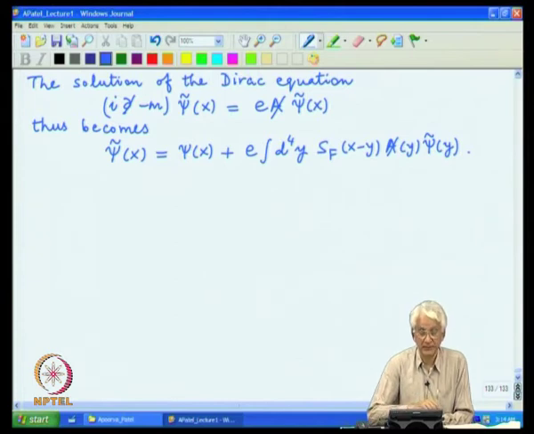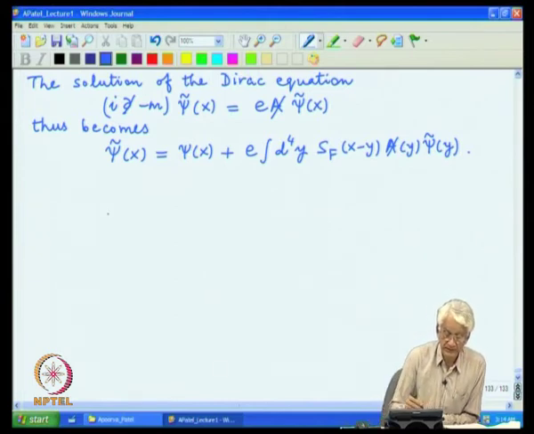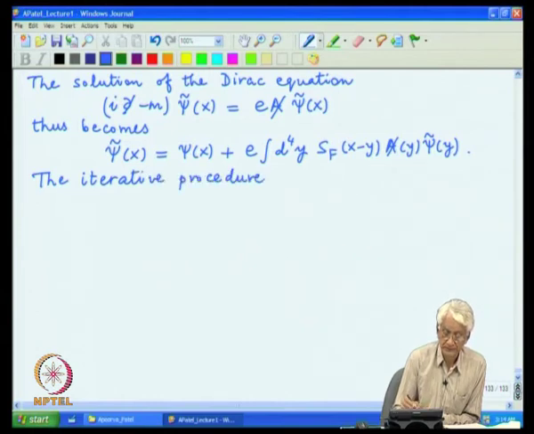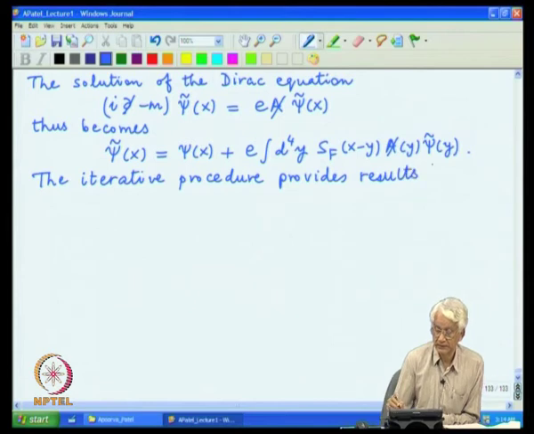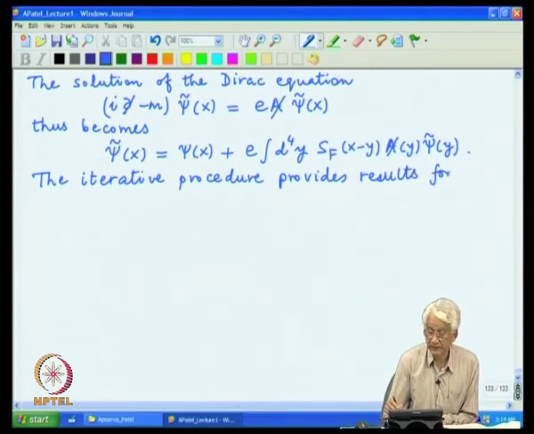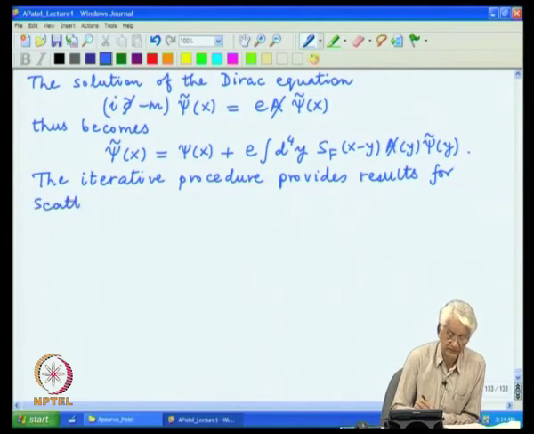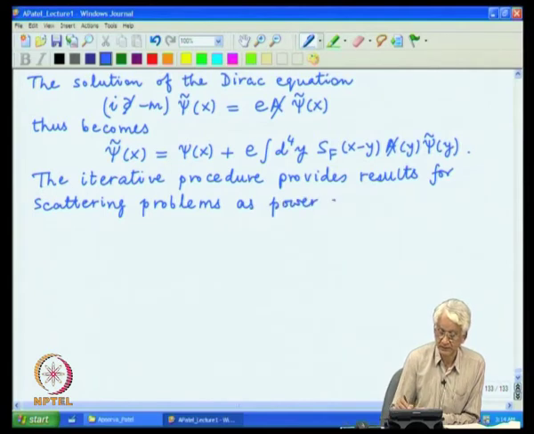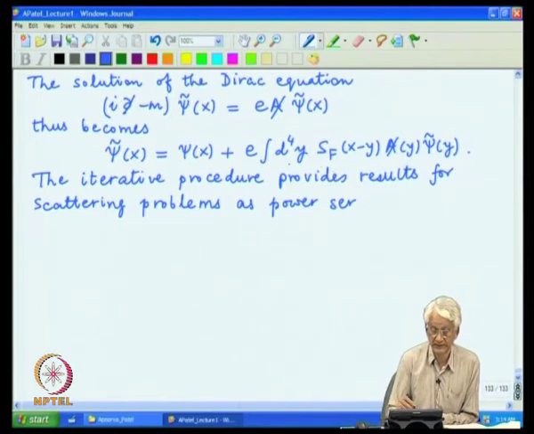So, we have a complete procedure, the iterative procedure provides results for so called scattering problems, because we are dealing with these asymptotic states which are plane waves, and the solutions are now going to arise as powers of what is there on the right hand side, and the power is easily counted in terms of the electromagnetic coupling.